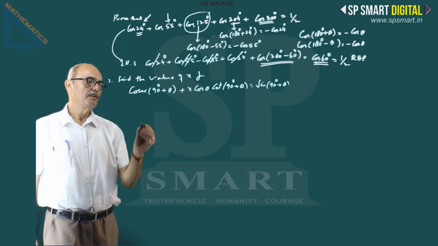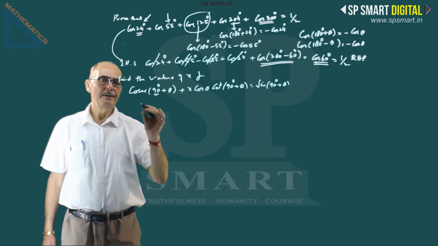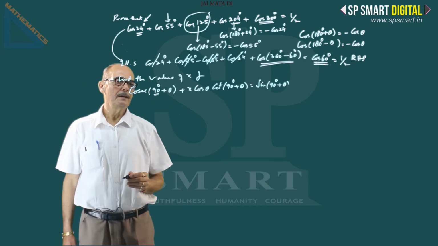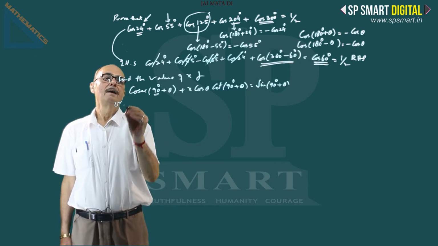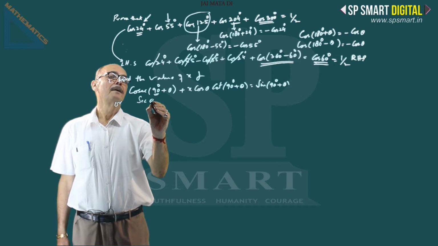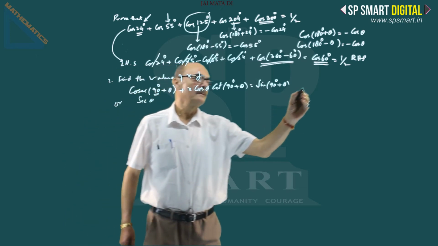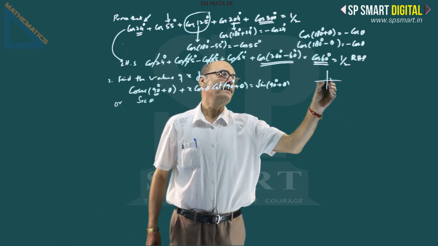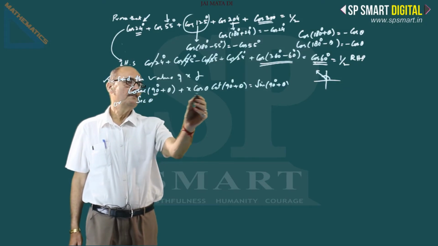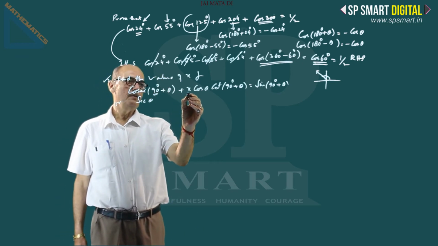Now, here we shall make use of the first rule. Angle theta is being added to an odd multiple of 90 degrees. So, this cosec will change into its co-ratio, which is secant of theta. 90 degrees plus theta lies in the second quadrant, you can check. Here we have the problem of solving this equation, where we have to find the value of x.